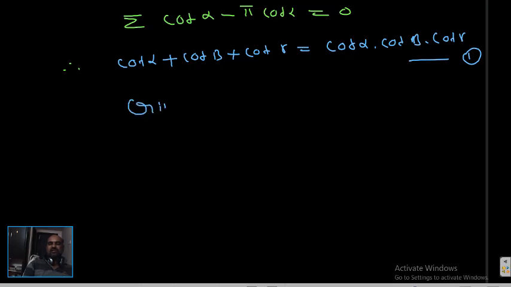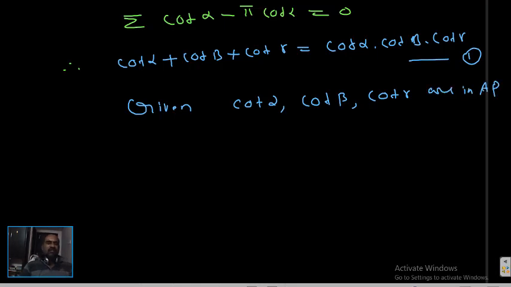Given cot alpha, cot beta, cot gamma are in AP. If A, B, C are in arithmetic progression, 2 times B equals A plus C, so 2 cot beta equals cot alpha plus cot gamma.